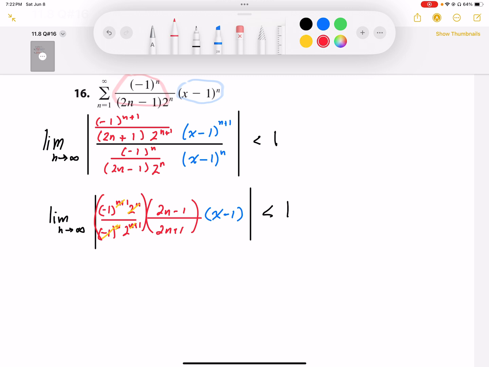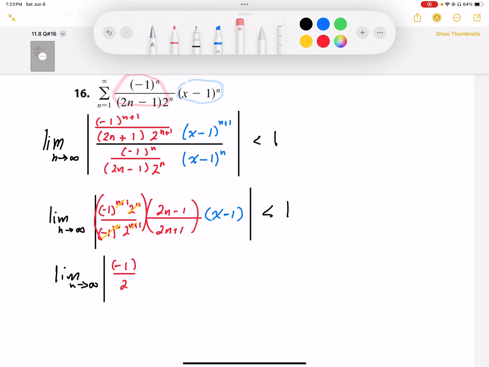Let's clean up our terms here. Limit as n approaches infinity. I have the negative 1 to the power 1, so I'm going to have negative 1 divided by 2, times the 2n minus 1 over 2n plus 1.